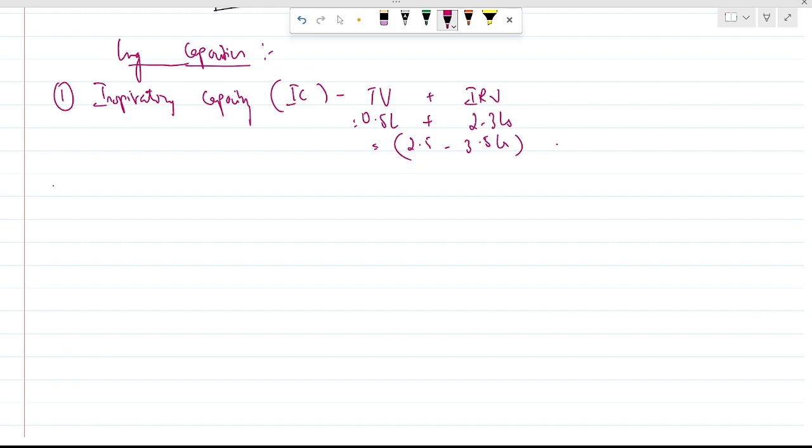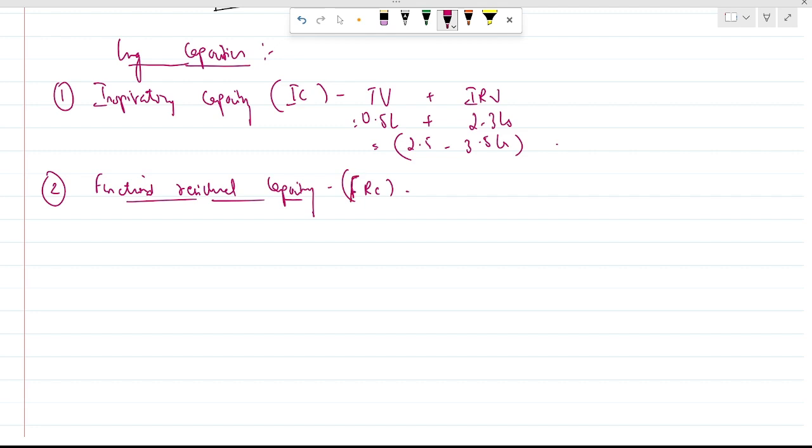Second, we have our functional residual capacity, FRC, a very important lung capacity, which we will discuss further.